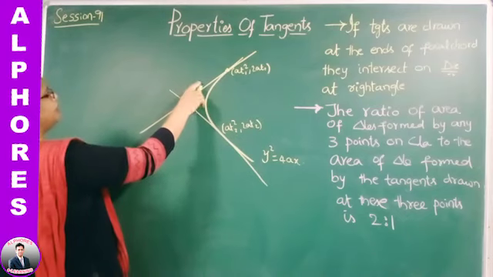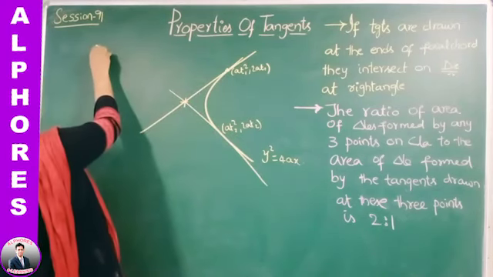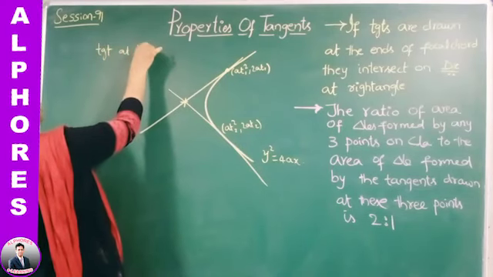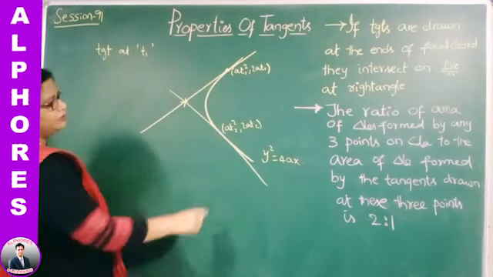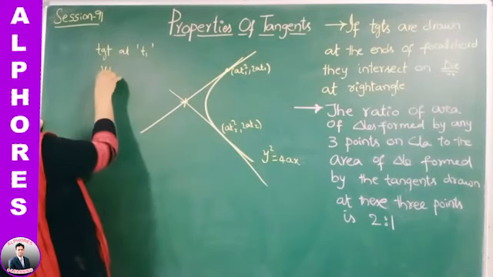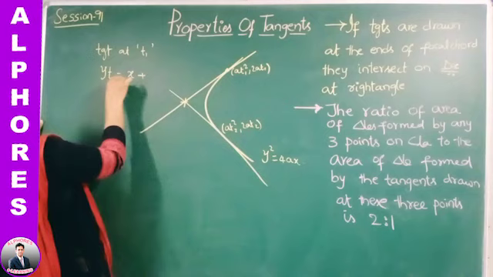So we require the point of intersection of the two tangents directly. Of course you know the equation of tangent at t1, in the standard form: yt1 is equal to x plus at1 square.